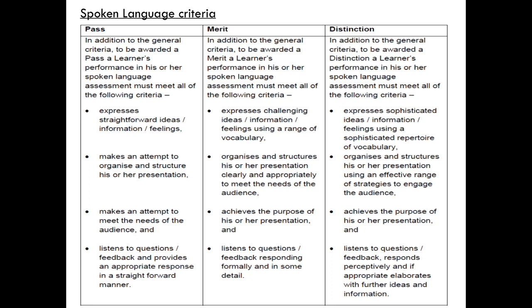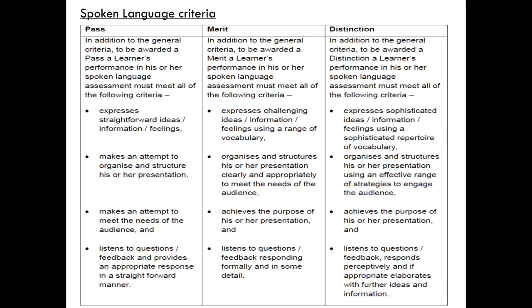If, for example, a bullet point is not met, you will have to go to the lower award. So in the case of a pass, if you don't meet all the bullet points on the pass criteria, then you would be awarded not classified. So let us go through the pass criteria.